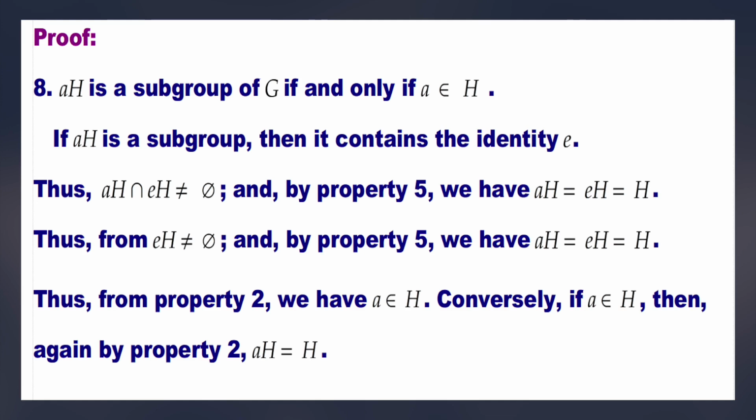Thus, aH ∩ eH is not equal to empty, and by property 5, we have aH = eH = H. Thus, from property 2, we have a ∈ H. Conversely, if a ∈ H, then again by property 2, aH = H.